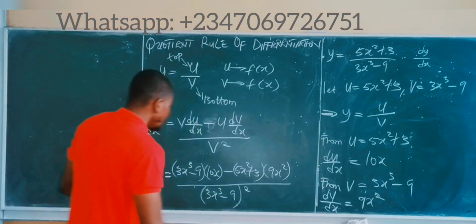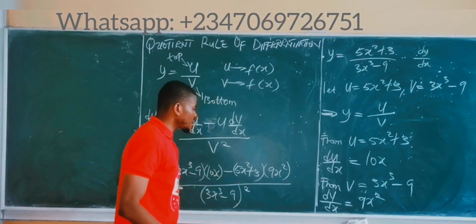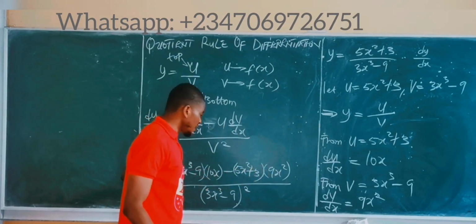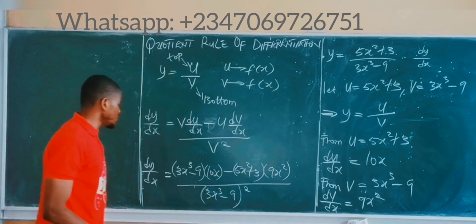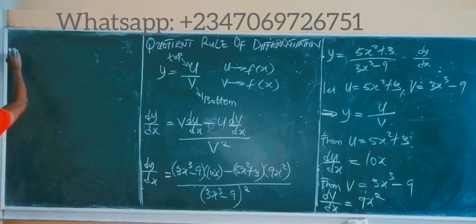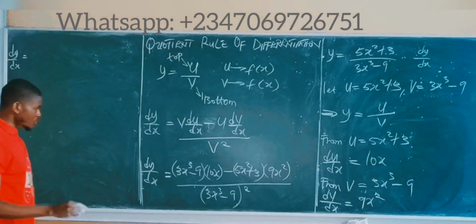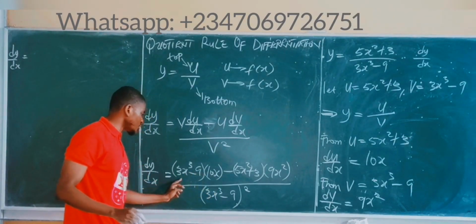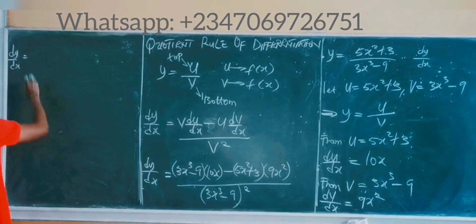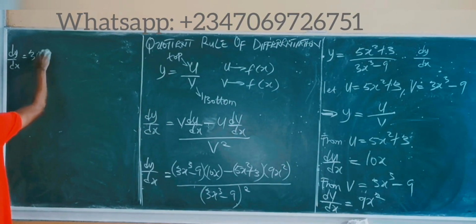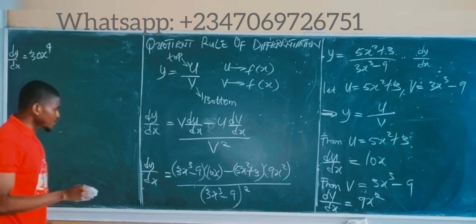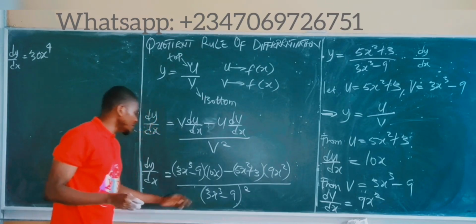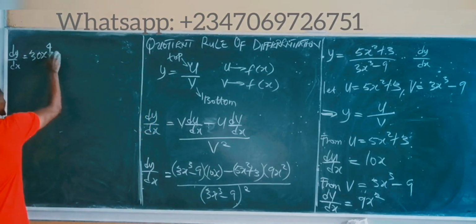Now you may wish to expand the bracket at this point to see if anything can go, if you can take like terms. So we expand the brackets. 10x multiplied by 3x cubed gives us 30x to the power of 4, and 10x multiplied by minus 9 gives us minus 90x.